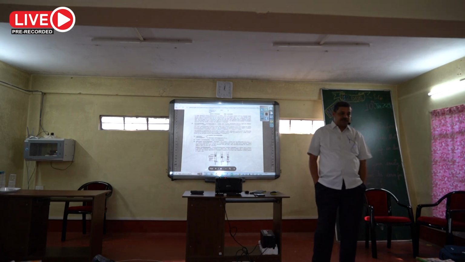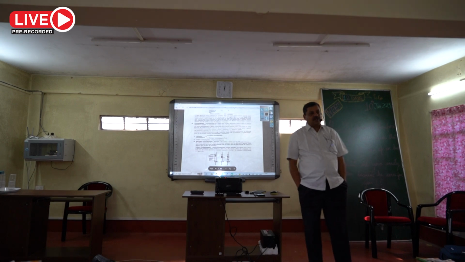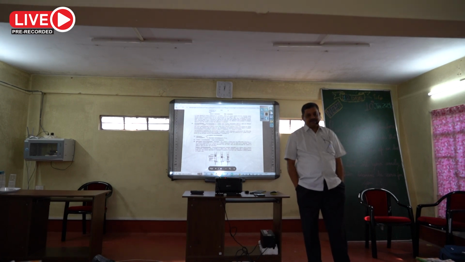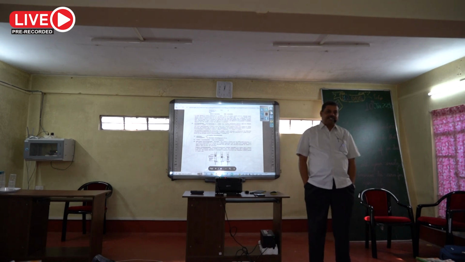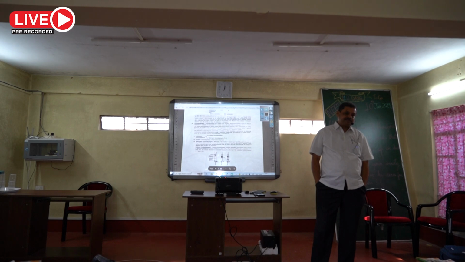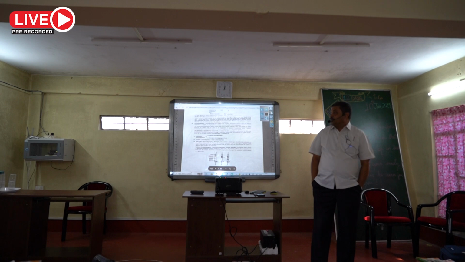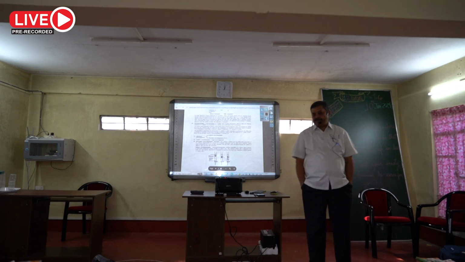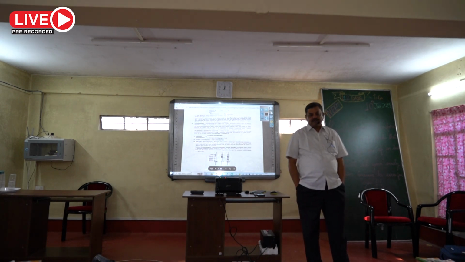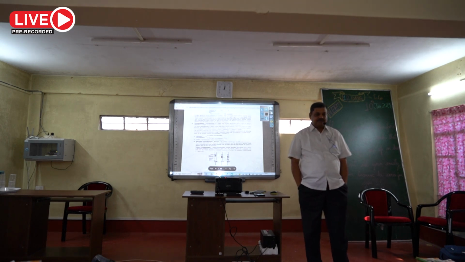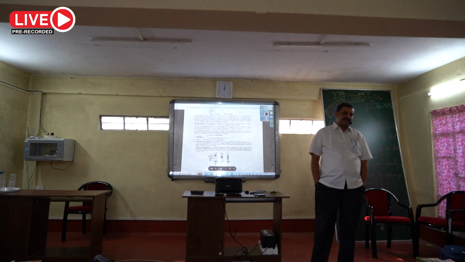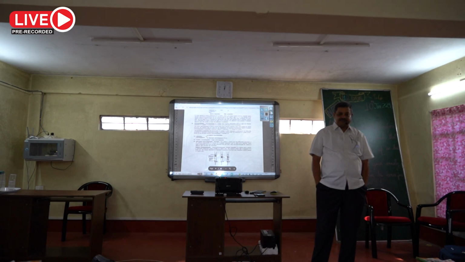The technique of adsorption of different components of a mixture on a suitable adsorbent is known as chromatography.